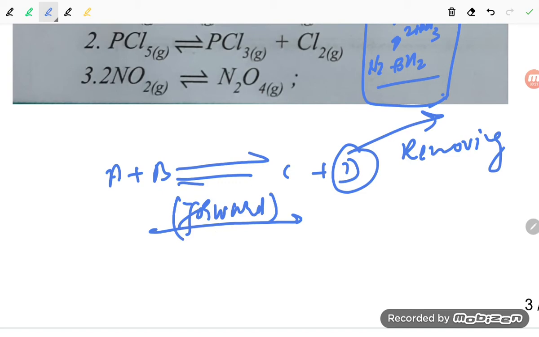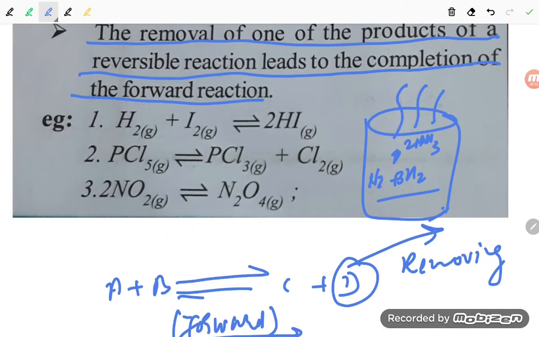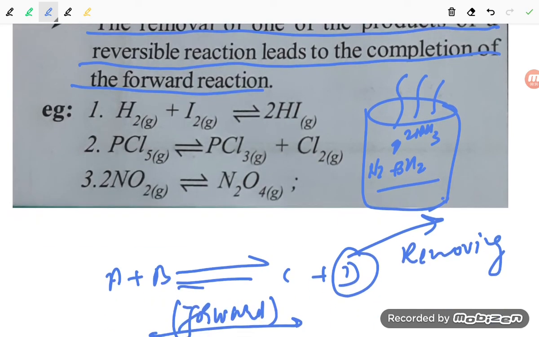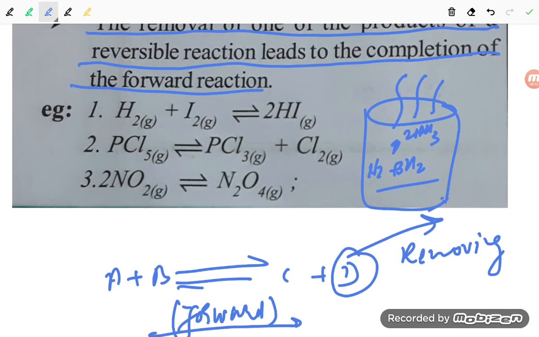Wherever the concentration is low, the reaction goes in that direction, student. The removal of one of the products of a reversible reaction leads to completion of the forward reaction.